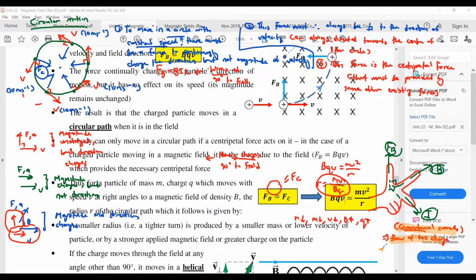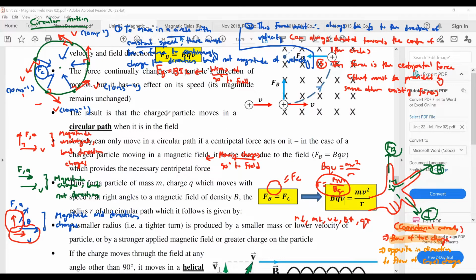Meaning to say, it will always be opposite in direction to the flow of negative charge. It's meant to indicate the flow of positive charge.